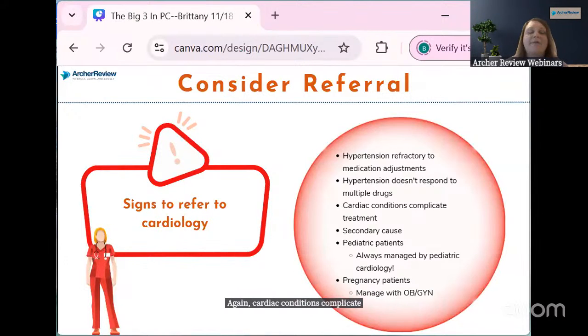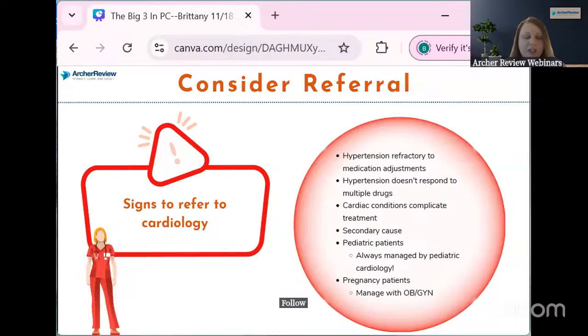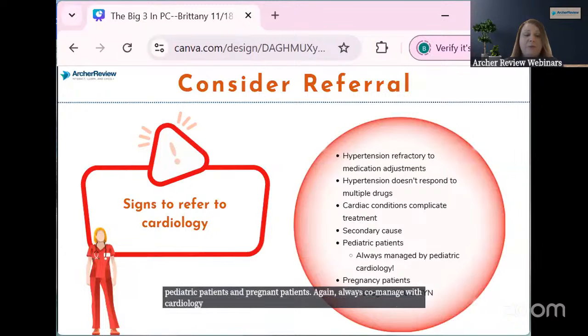If they have some sort of underlying cardiac issue or they've had an event, they should still be followed by cardiology in addition to primary care. Pediatric patients and pregnant patients, again, always co-manage with cardiology and OBGYN if they're pregnant.